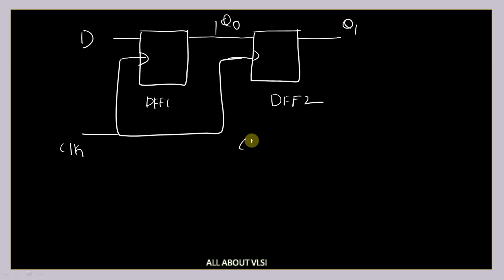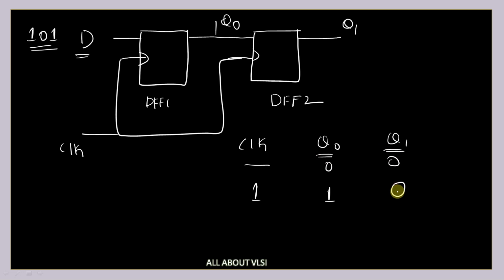Now let's say initially Q0 is equal to 0 and Q1 is equal to 0. At the first clock edge, let's say we are providing the input as 101, so Q0 will be equal to 1 and Q1 will be 0 itself, because these two D flip-flops are executing parallelly.